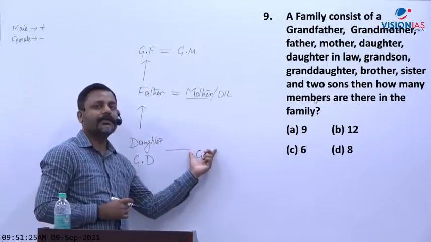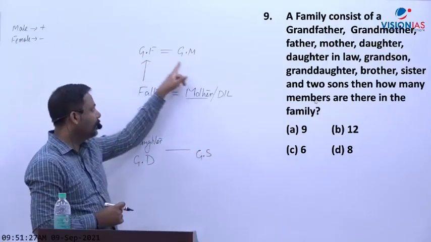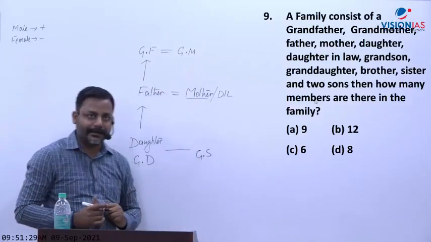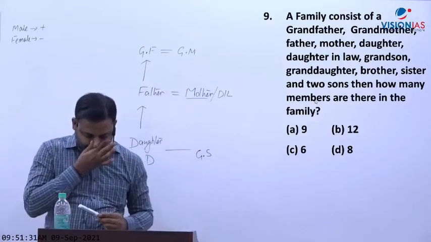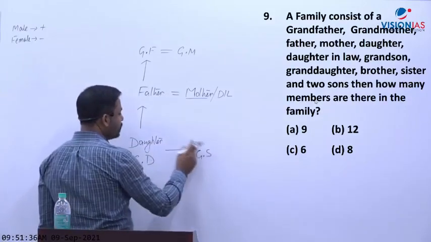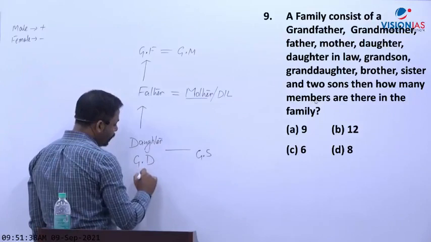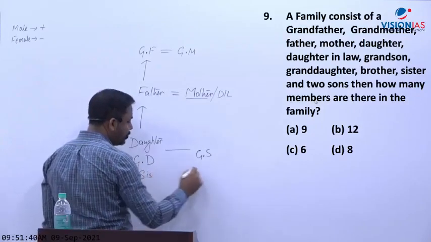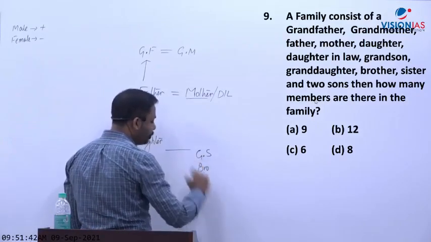If this person is a boy, then for their grandparents, this boy will be grandson. Brother, sister. These two persons are mutually what? Brother and sister. This girl is sister and this boy is brother.